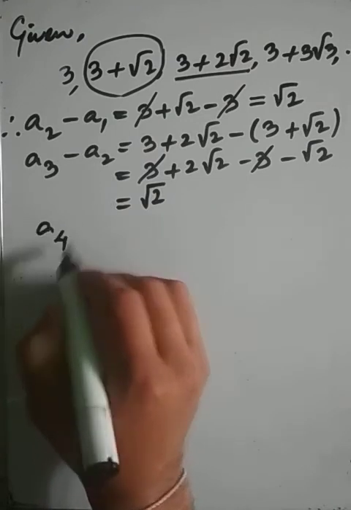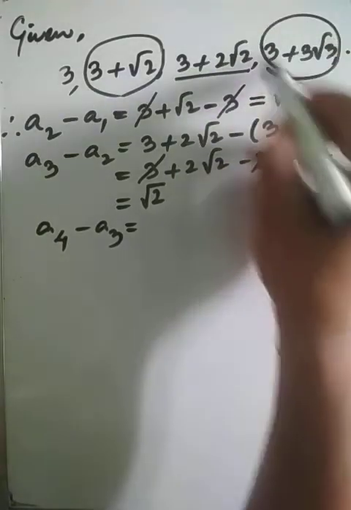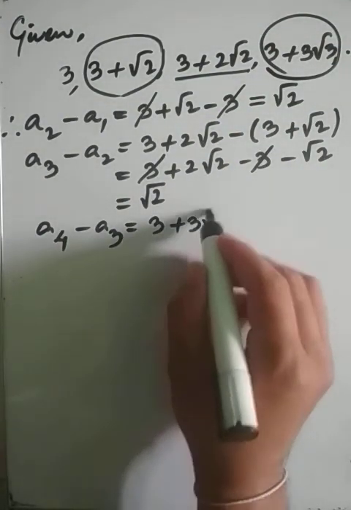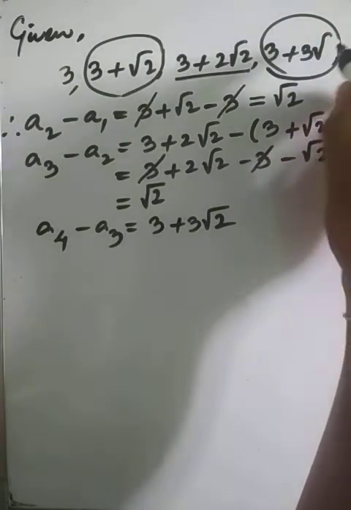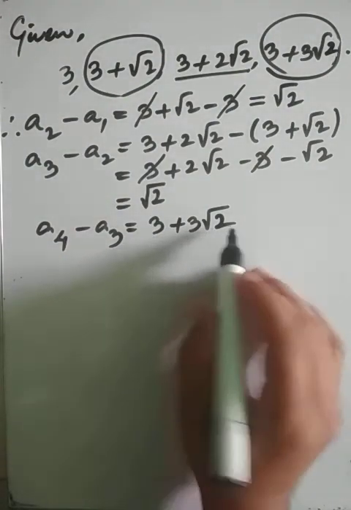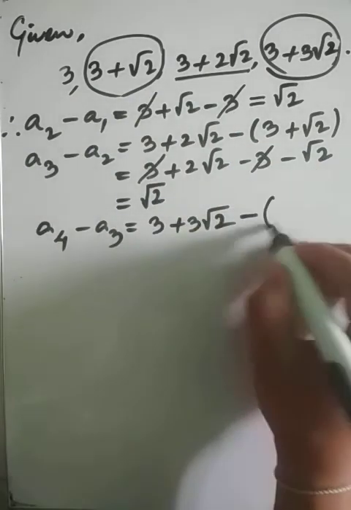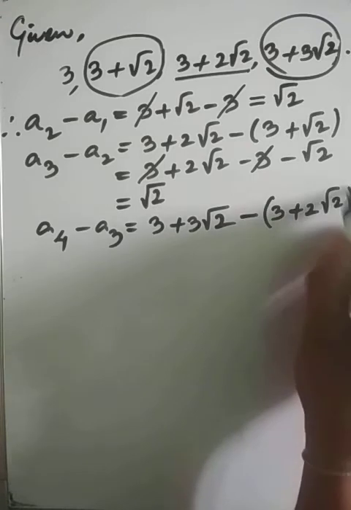Next, A4 minus A3. Here A4 is 3 plus 3 root over 2. Actually this is 2, I made a mistake here, sorry. So 3 plus 3 root over 2 minus, here A3, the third term, is 3 plus 2 root over 2.